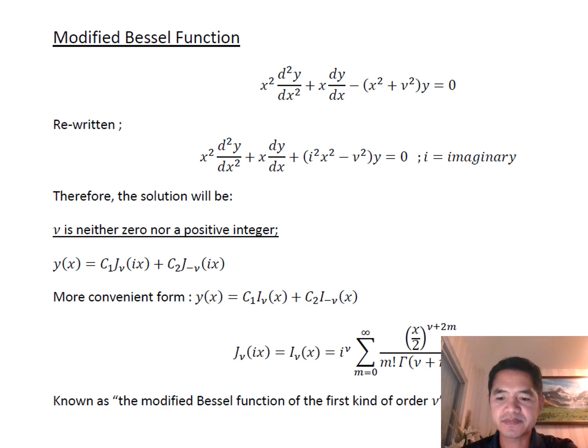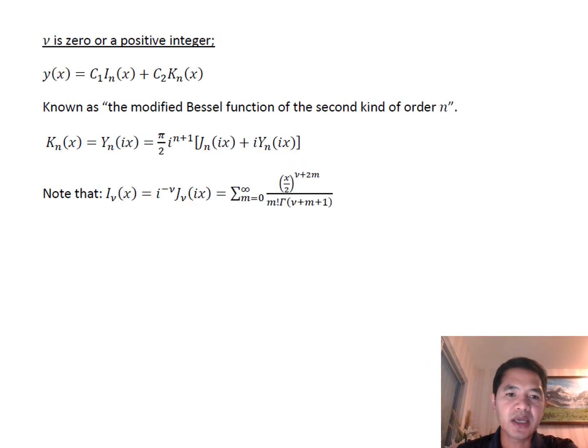And when nu is zero or a positive integer, then you have to write the answer in this form, which is y(x) equals c1 I_n(x) plus c2 K_n(x).